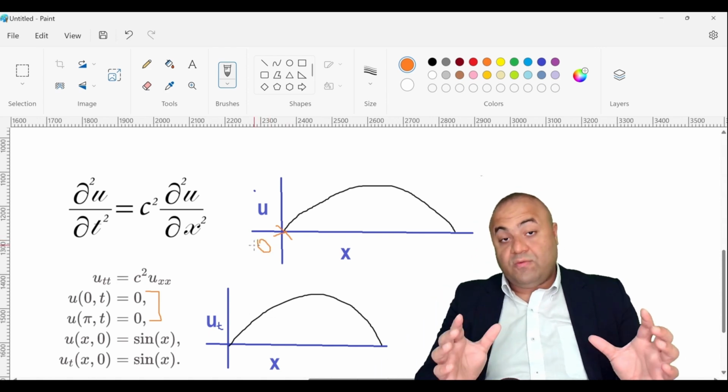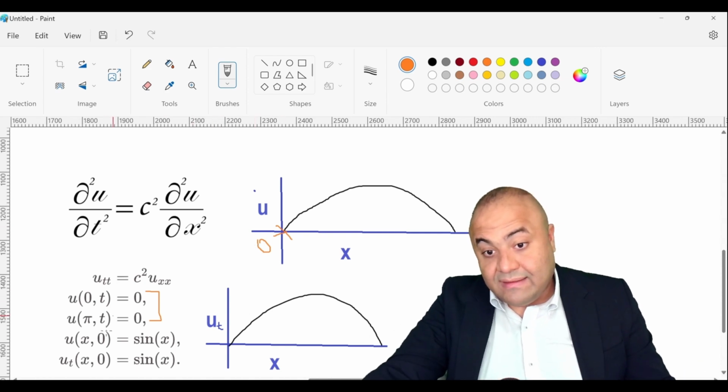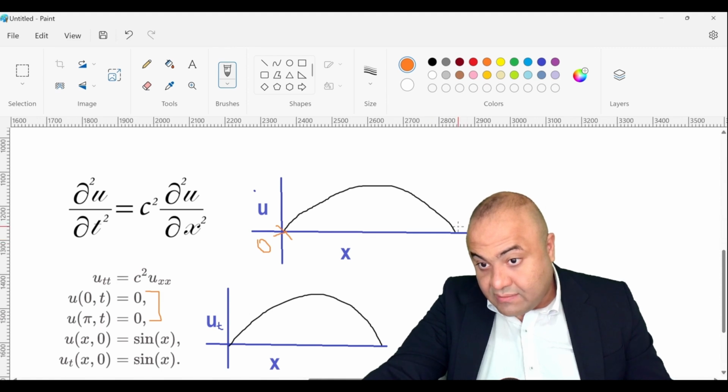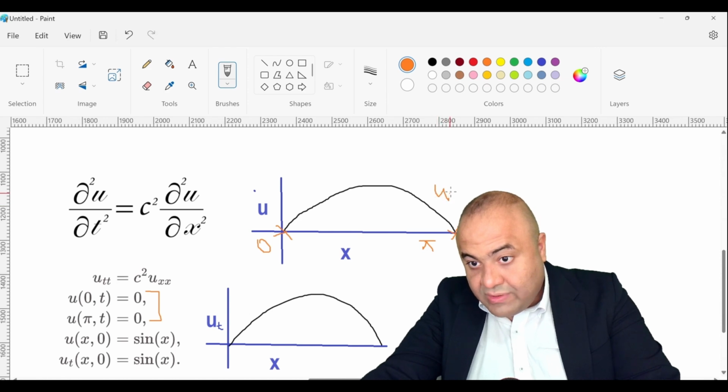In this location, which is 0, things will not move, so it will be 0. And in the other location, which is here, which is pi, u equals 0, and here also u equals 0.